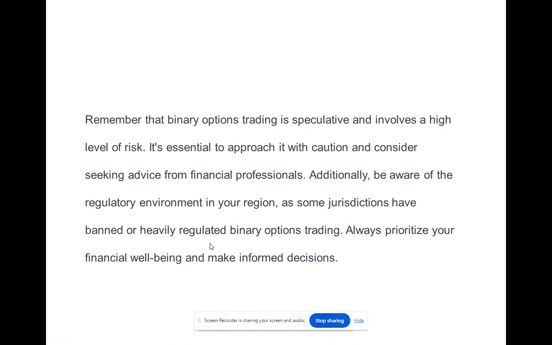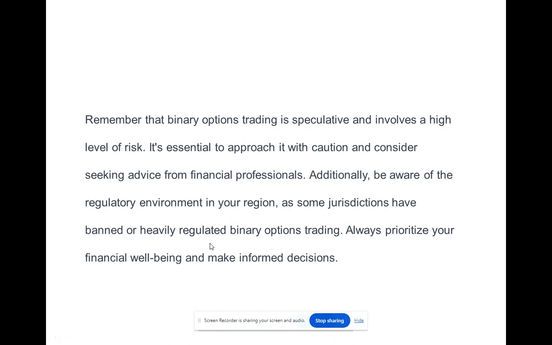Remember that binary option trading is speculative and involves a high level of risk. So it is essential to approach it with caution and consider seeking advice from a financial professional. Additionally, be aware of the regulatory environment in your region, as some jurisdictions have banned or heavily regulated binary option trading.